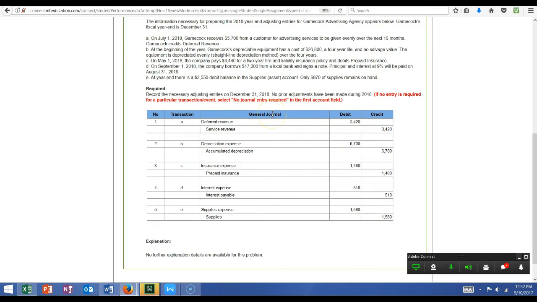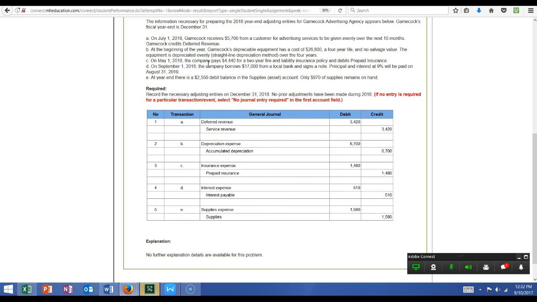Next, C, on May 1st, 2018, the company pays $4,440 for a 2-year fire and liability insurance policy and debits prepaid insurance. Okay, May 1st they did this. We're at December 31st right now. That means 8 months have gone by just with the passage of time.